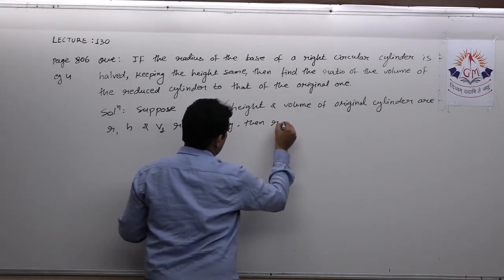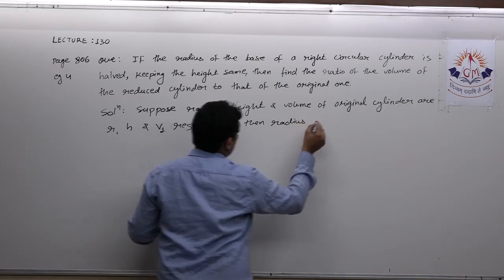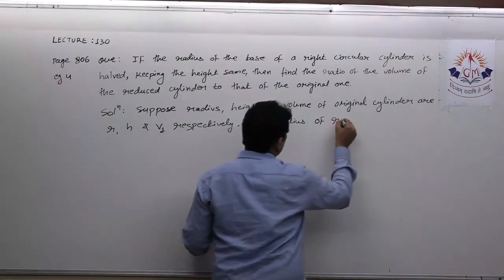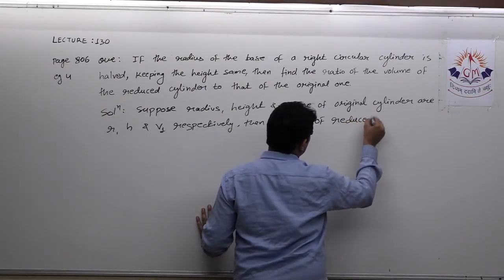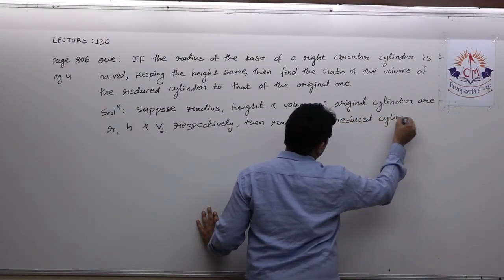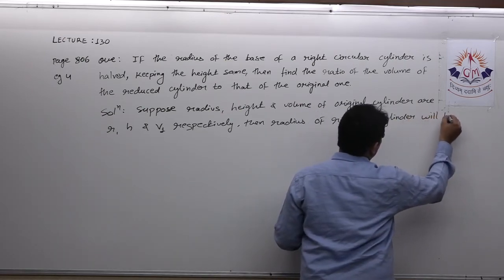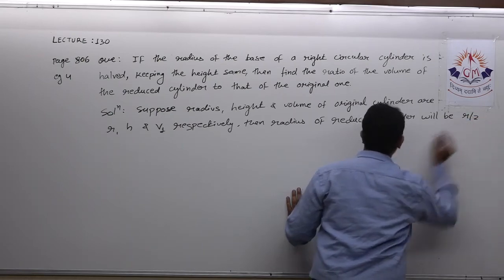Then the radius of the reduced cylinder will be r by 2.